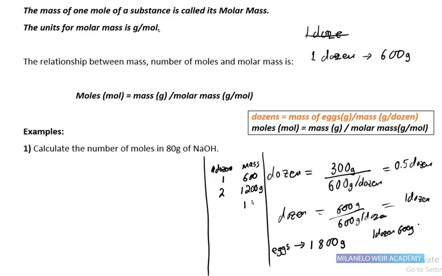So 1,800 grams is how many dozens? I can cross multiply: x is equal to 3 dozens.